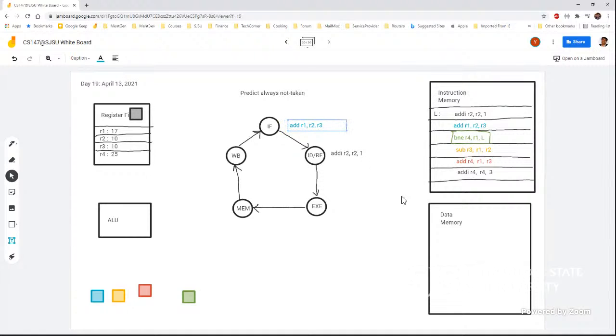Okay, so now what would happen in the next cycle? Let's just focus on these two. This one will go here, this one will go there.